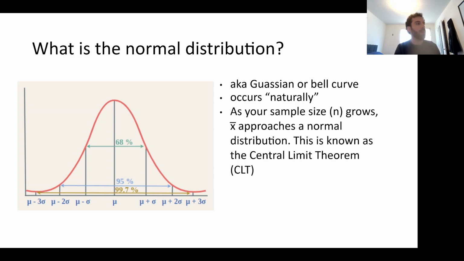I couldn't tell you. Actually, I do think I know why it's 30. It's because there's a distribution that we will cover later in this class known as the t-distribution that approaches the normal distribution when your sample size is 30 or larger. However, like I said before, it really depends on what your data looked like to start. But the rule of thumb is 30 for better and worse.